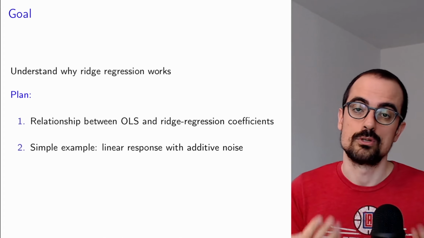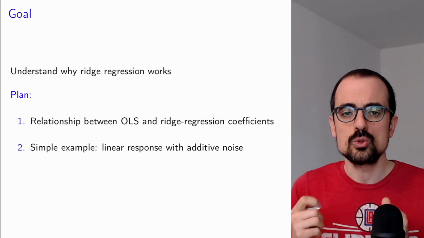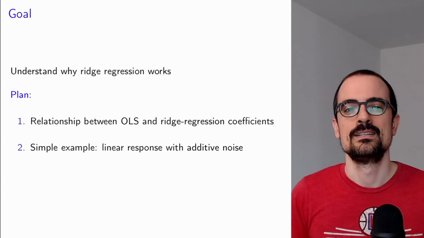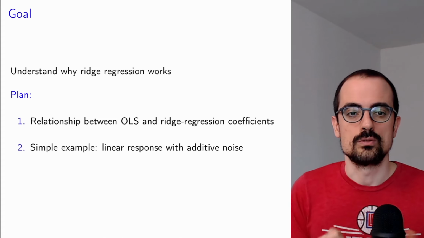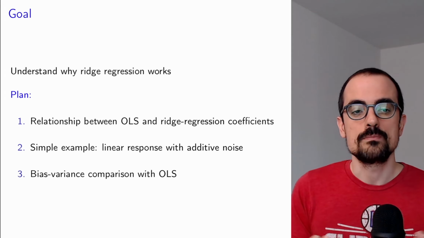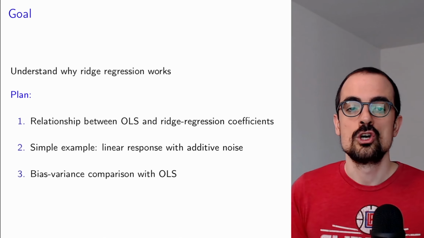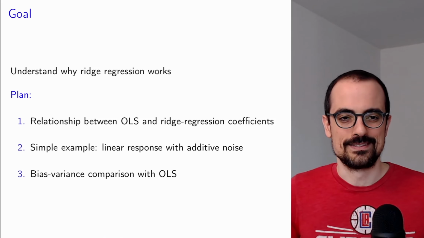We're going to assume that the response is actually linear and that we have some additive noise, and that is going to allow us to understand the mechanism that ridge regression uses to mitigate overfitting. And then finally, we're going to do a comparison between the bias and the variance of ordinary least squares and ridge regression. Okay, let's go.